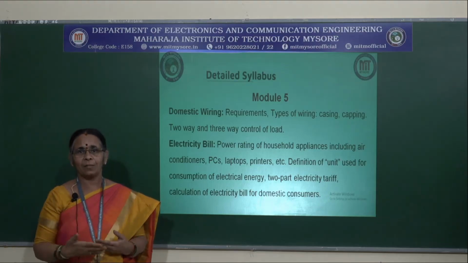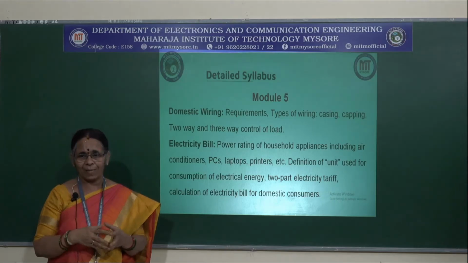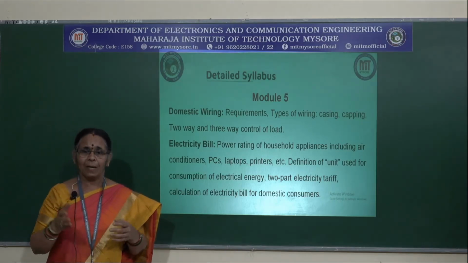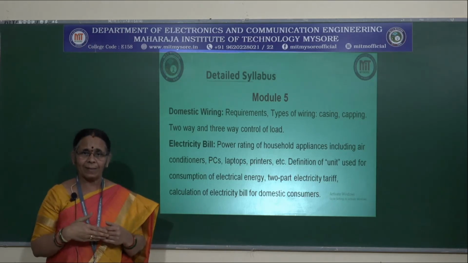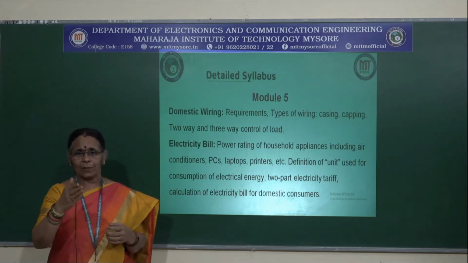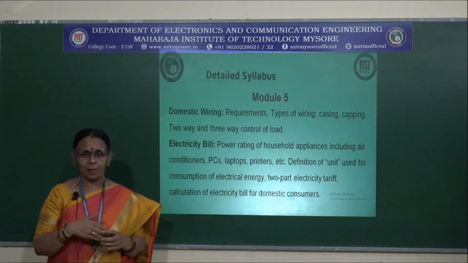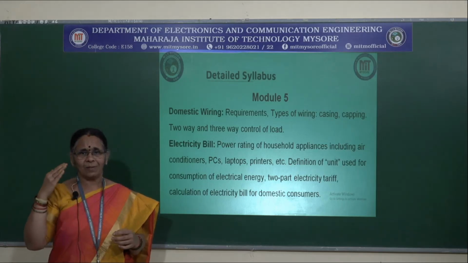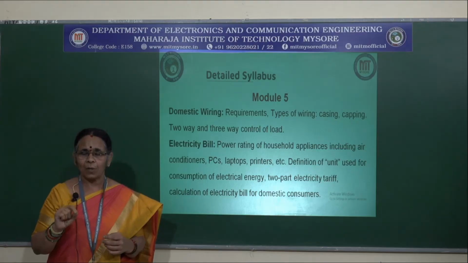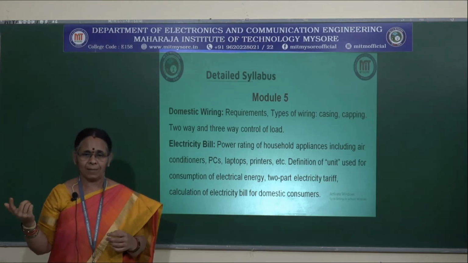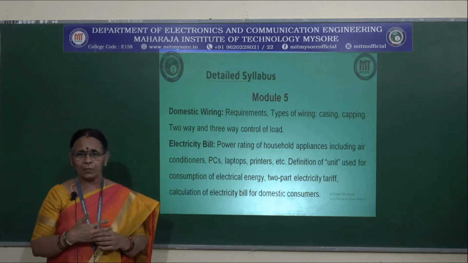So whatever the charge you are given is what we call the tariff, and there are different ways of calculating the electricity bill. That you are going to study in this module, and you will also understand the concept of what each unit of energy means. So, the definition of the unit used for consumption of electrical energy.